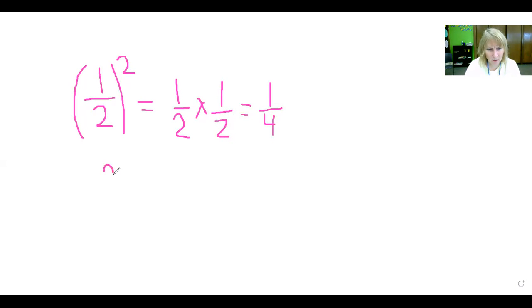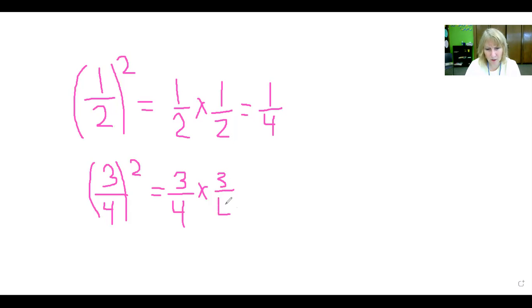What if I gave you 3/4 to the second power? How would you do that? We usually put parentheses around the fraction part. So we would do 3/4 times itself. How many times? Twice, the number in the exponent. Right.